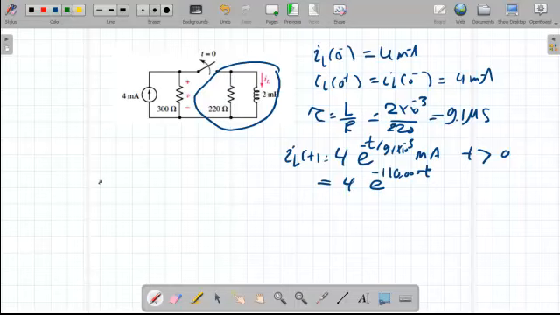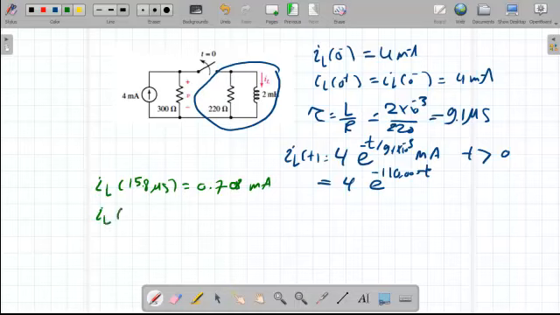Okay. Now IL at 15.8 microsecond will equal 0.703 milliamp.